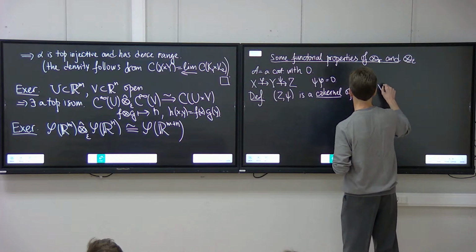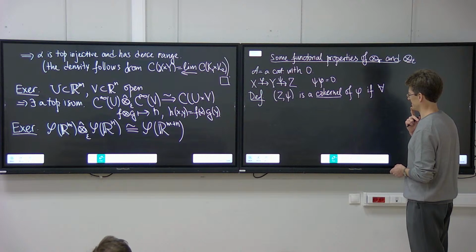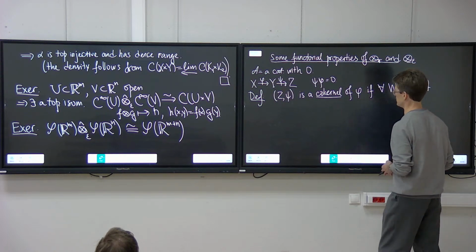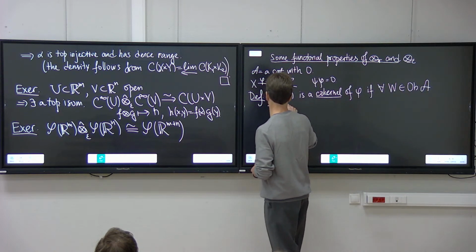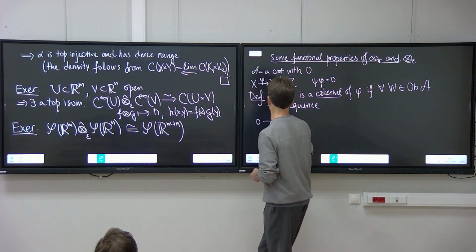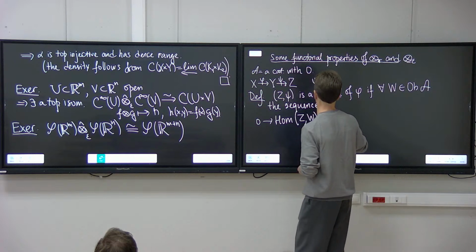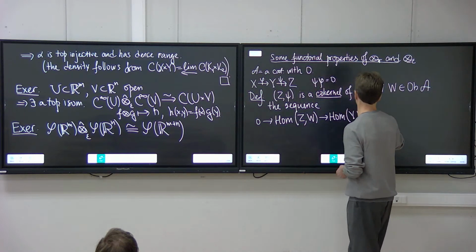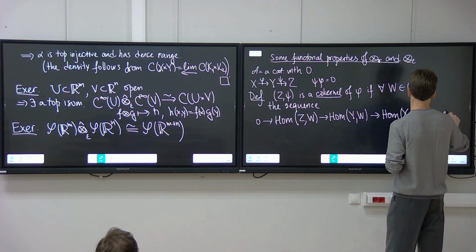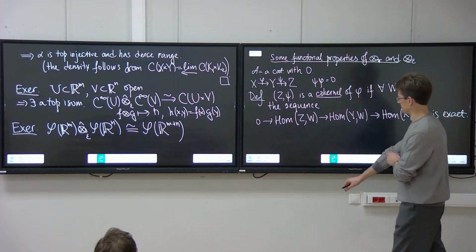if for every object W, the following sequence is exact: Hom from Z to W, Hom from Y to W, and Hom from X to W is exact. So what do I mean by exactness here?